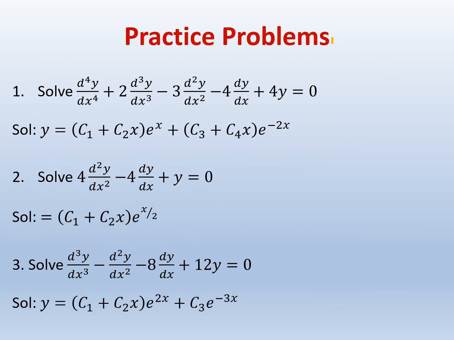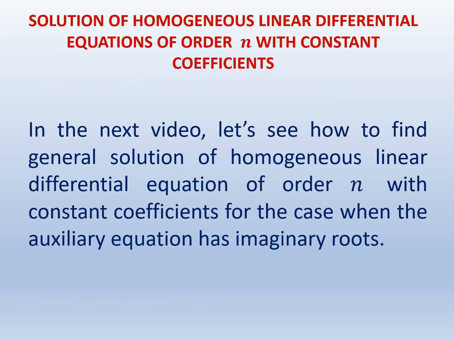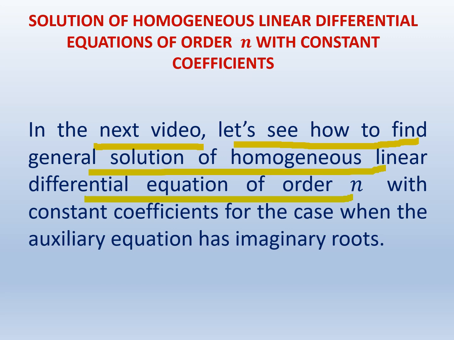Now some practice problems are given related to case 2, that is, when all the roots of the auxiliary equation are real and some are repeating, to learners for practice. So learners, try to solve these practice problems. In the next video, let's see how to find the general solution of a homogeneous linear differential equation of order n with constant coefficients for the case when the auxiliary equation has imaginary roots.